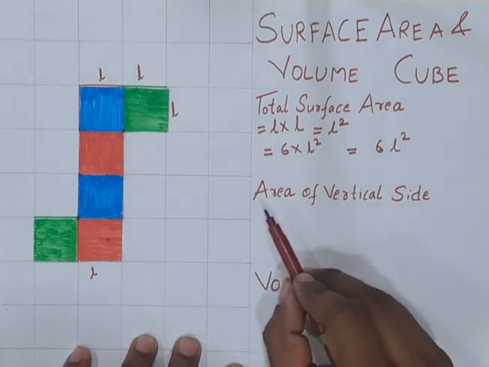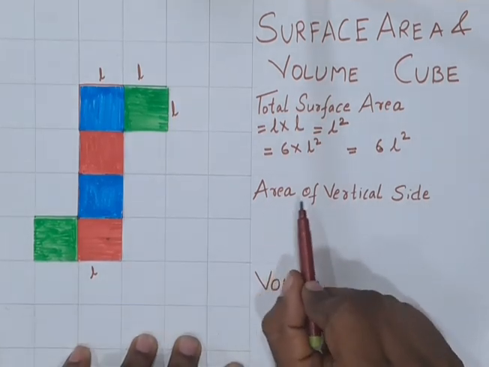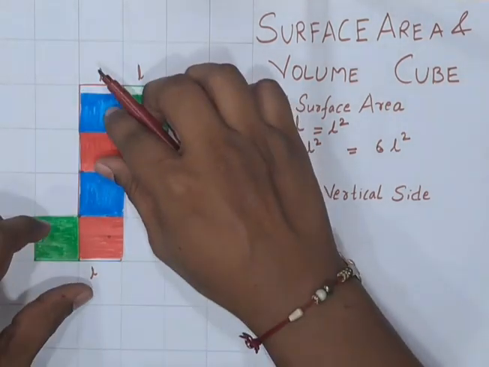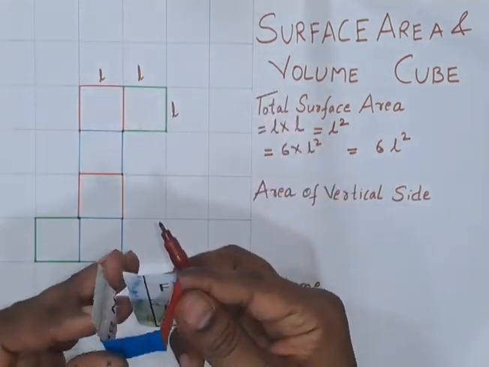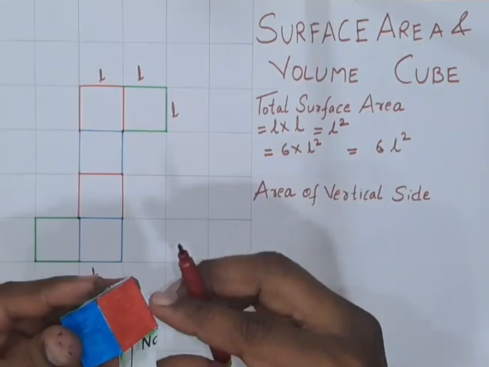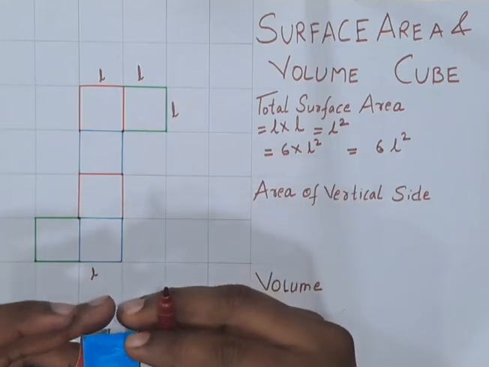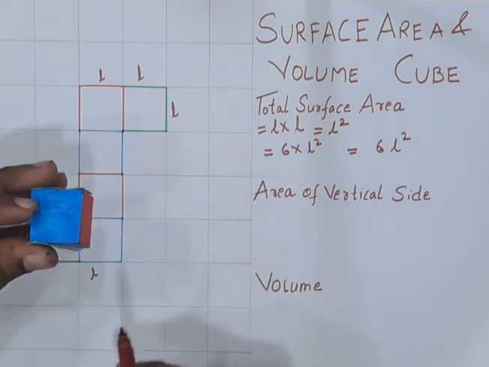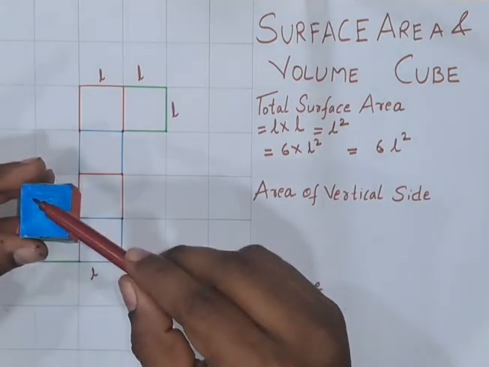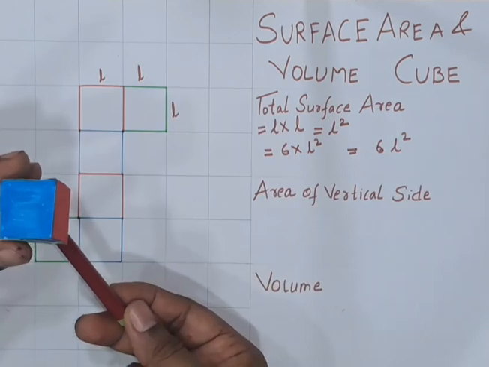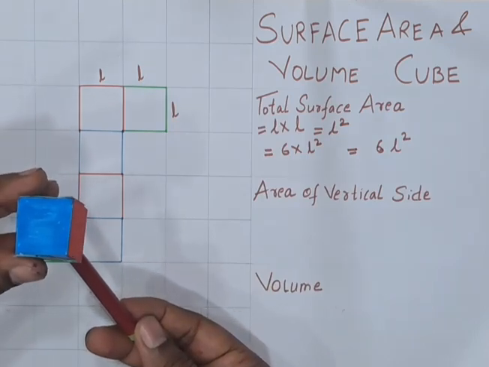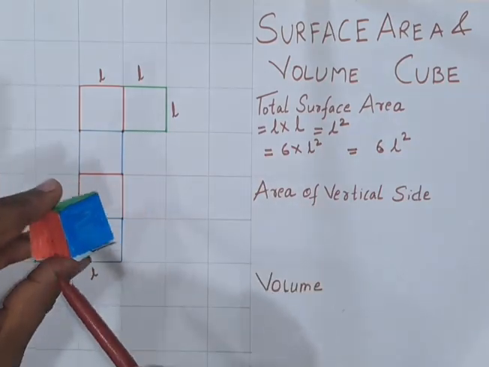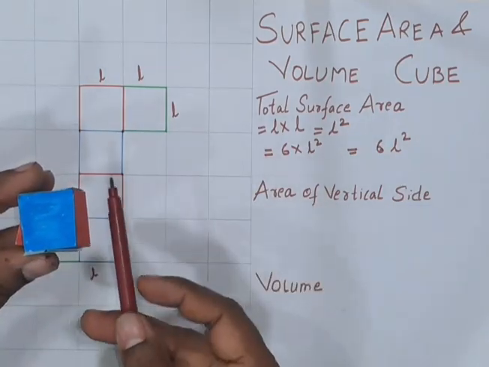Now moving ahead to the area of vertical sides. First, understand what the vertical sides are. I'm again taking the cube and bringing it back to the shape. If we keep the shape like this, this is the top and this is the one at the bottom. We have to exclude those and calculate the area of the vertical sides.